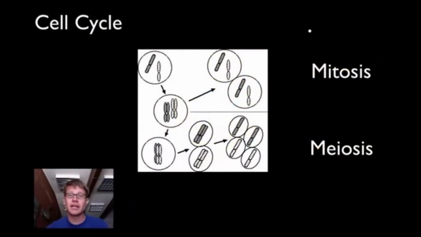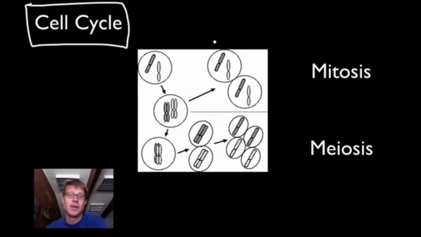Okay, so if we talk big picture about what happens in the cell cycle, let's say this is a typical cell. A typical cell right here is going to be 2N. It's diploid. You have one chromosome from mom, one chromosome from dad. So in this case, it's 2N equals 2. It's then going to duplicate itself. During the S phase, it makes copies of itself, and at this point we'd have a 4N cell.